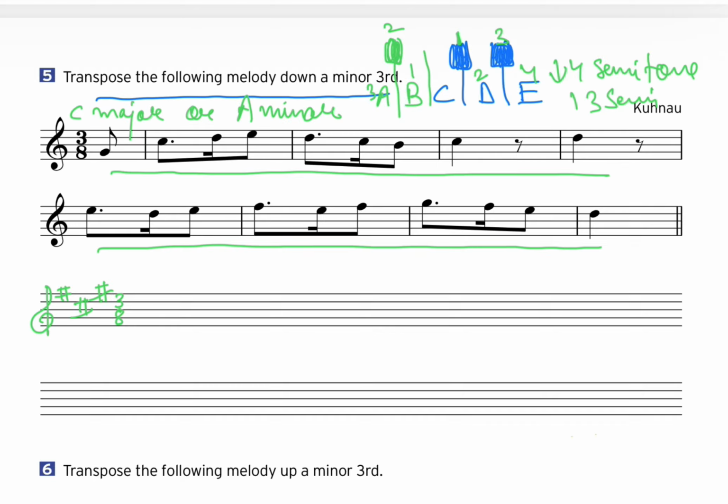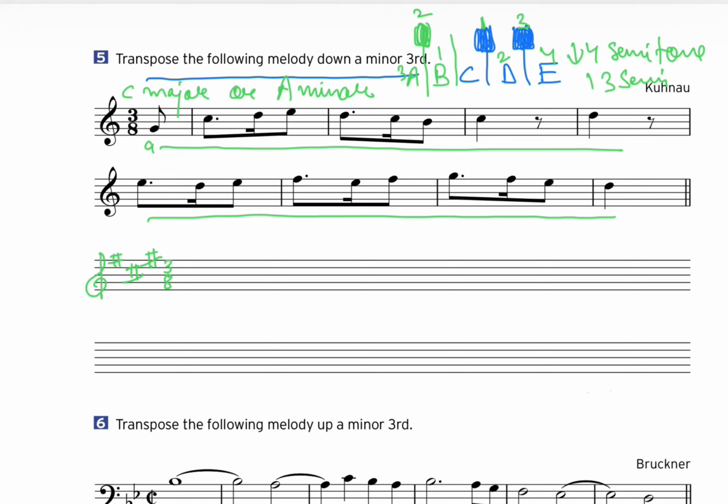The first note is G. If I make another keyboard from here, with a very small C, D, E, F, G, A and B, from G we go 1, 2 and 3. We reach the E note, so we transpose it to E down here.